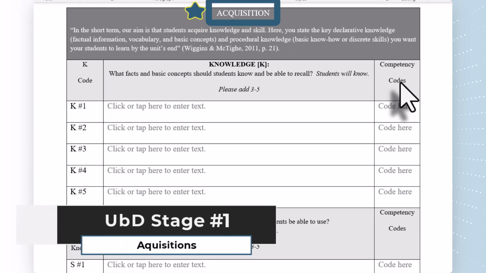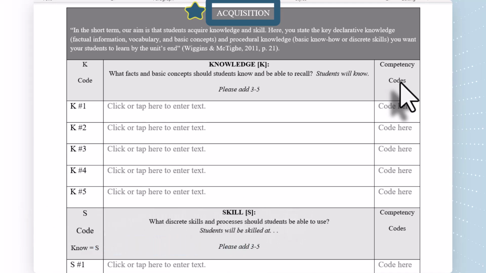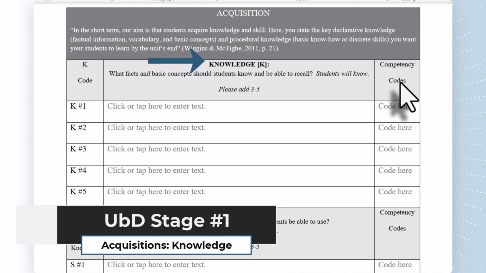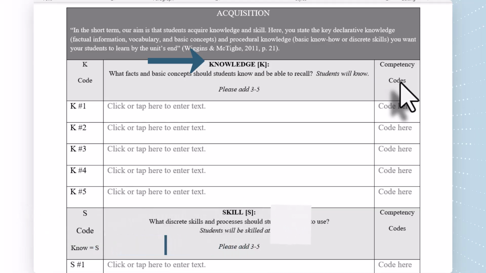The last main part of Stage 1 is acquisition. The acquisition section focuses on students acquiring knowledge and skills as they learn. The acquisition of knowledge refers to the declarative information that students learn by the end of the unit. This includes facts, vocabulary, and basic concepts.